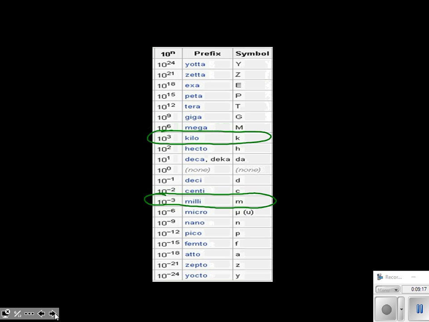So I need to make 6 jumps. And when I am jumping up, I'm moving it to the left. When I jump down, I'm moving it to the right.